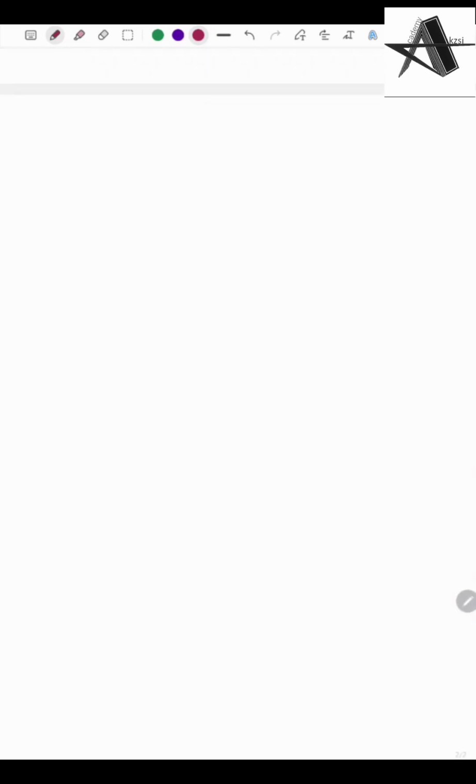Let me see this triangle. This is a right triangle. In this, it's given as 30 degrees, and this length is given as 13 centimeters. We have to calculate this length, the value x.